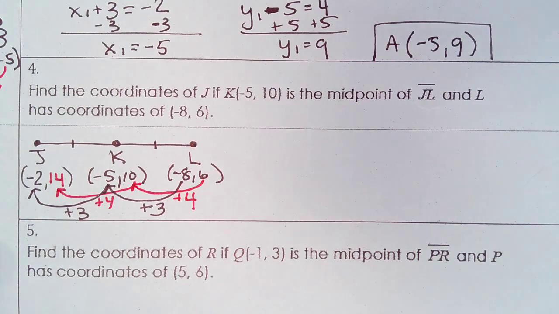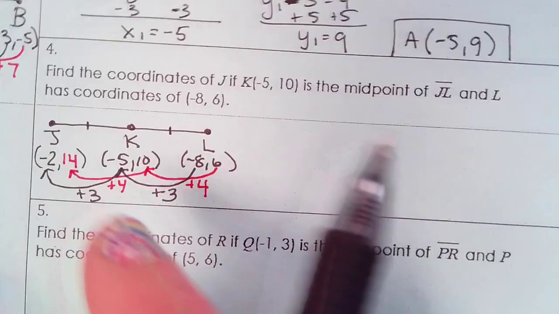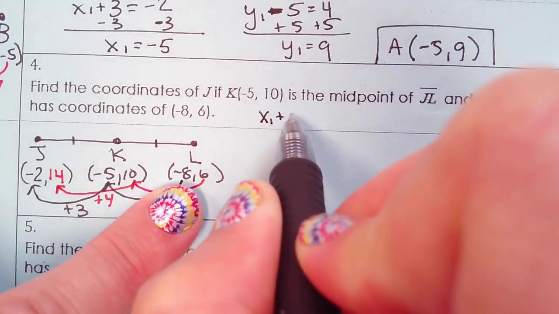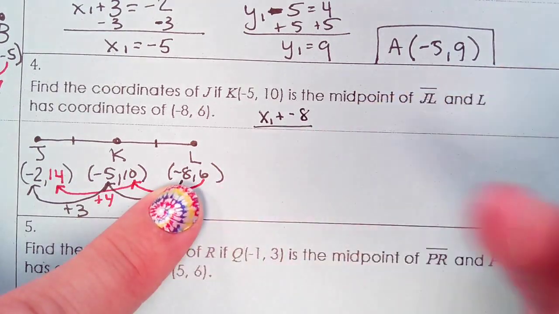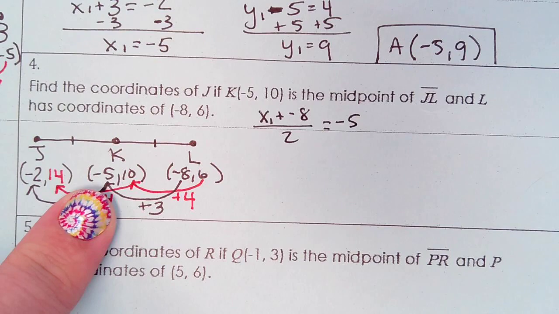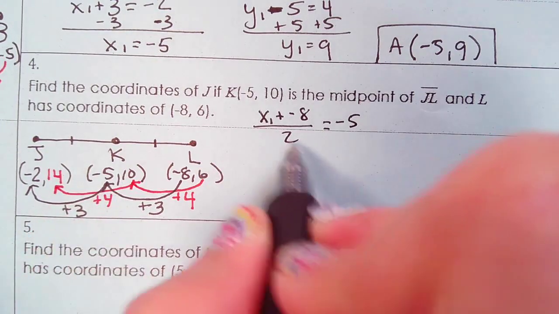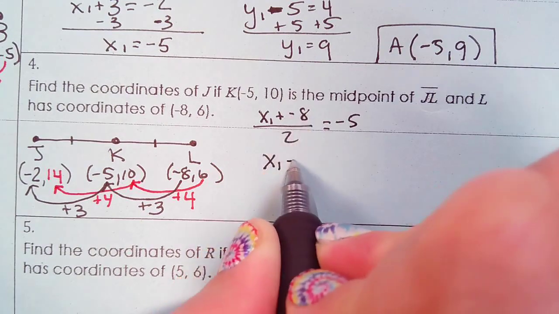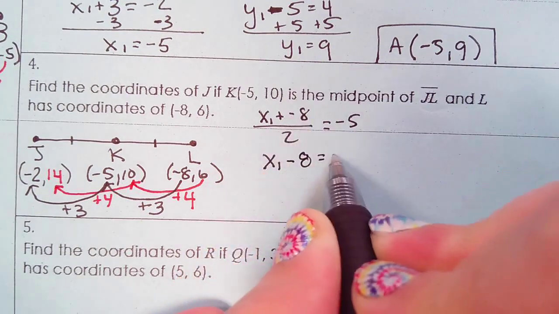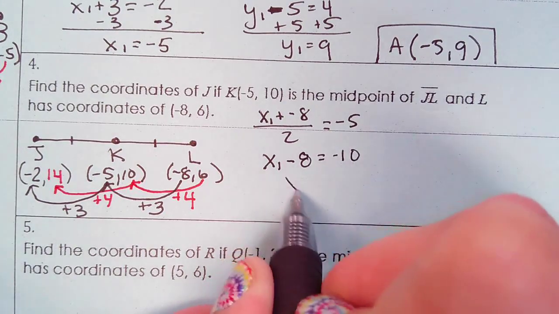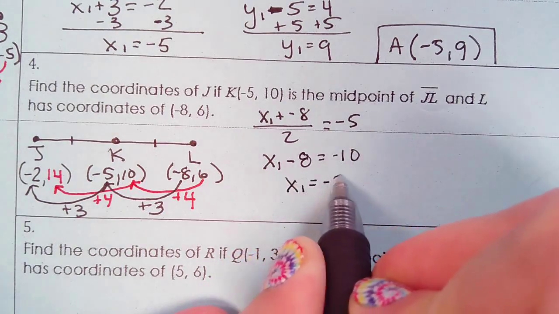Let's double check using our formula this time. So here's our missing variable. So we have x1 plus the other endpoint, -8, divided by 2 equals the midpoint, -5. So multiplying by 2 on both sides, x1 plus a negative is the same thing as minus 8, equals -10. Add 8 on both sides, so x1 equals -2.